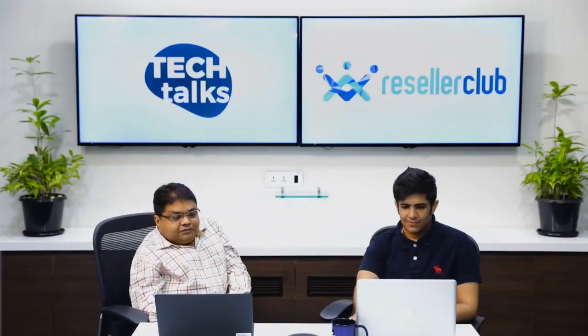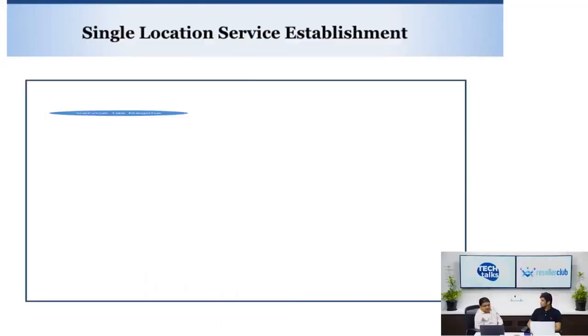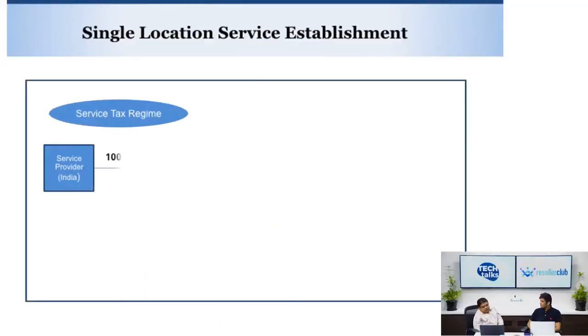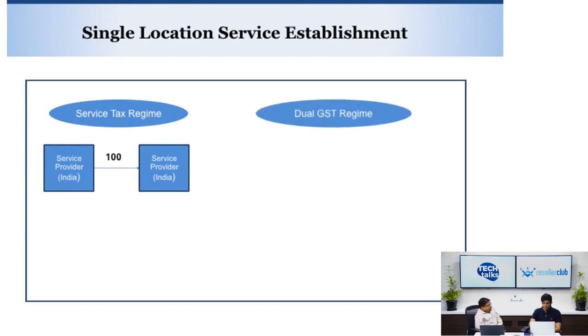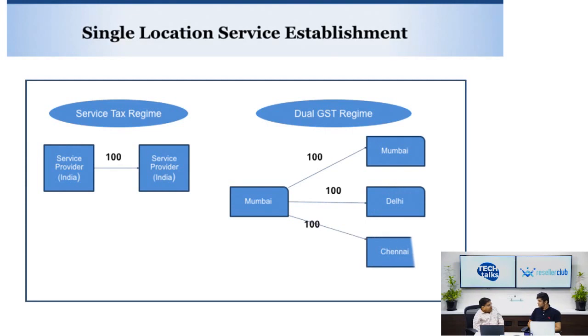Then my seventh slide speaks about the registration requirement under the GST regime. Prior to GST, under service tax, since we are talking about our industry only, I will be speaking more on the service part. Under service tax, a centralized registration was available. If you are a service provider, you can take one single registration and pay the service tax universally.